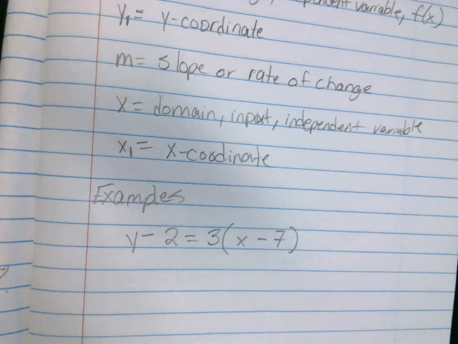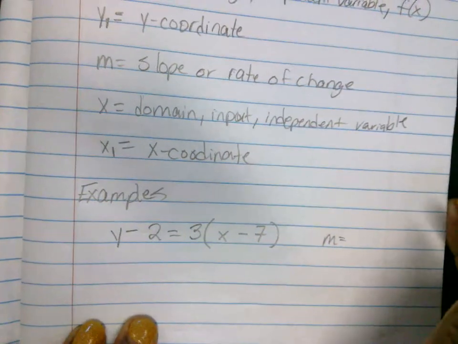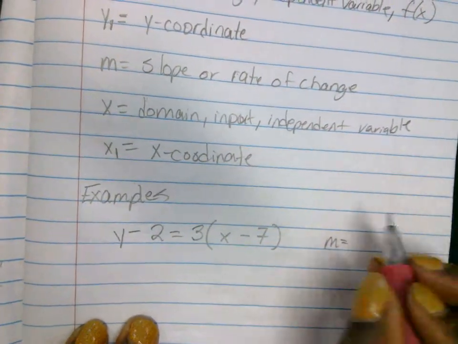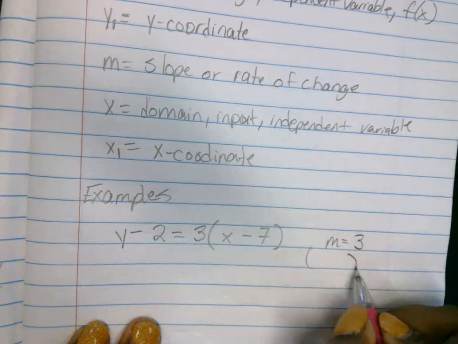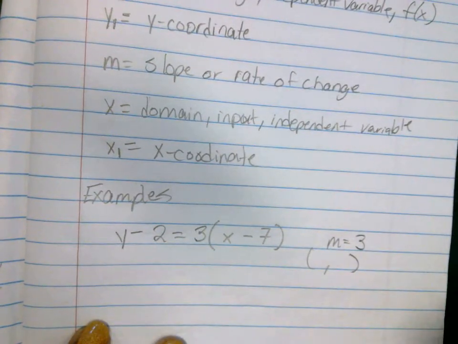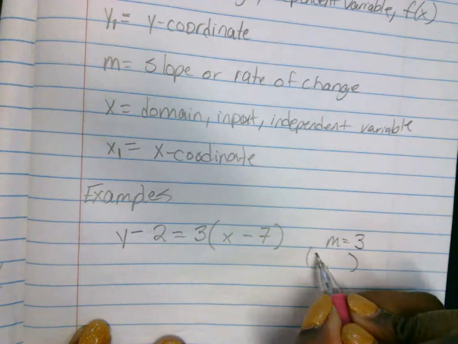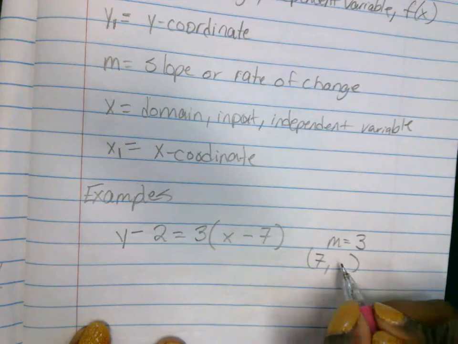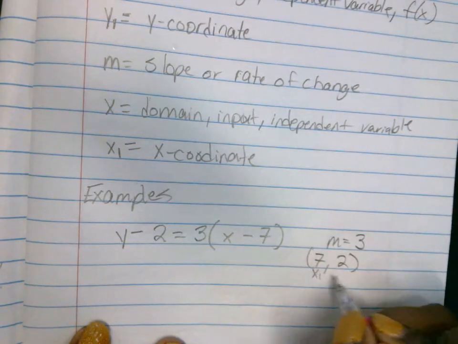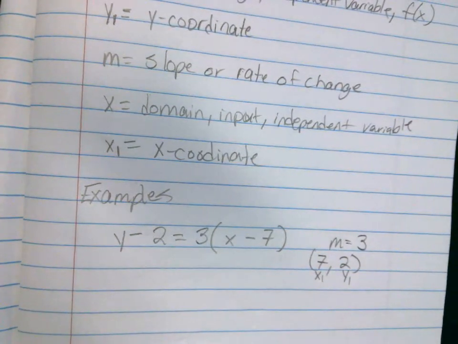In this problem, which one of these numbers is going to be my slope? 3. Very good. And they give you 1 point. What's going to be my 1 point that they give me in this problem? 7, comma what? 2. X1, Y1. Okay? Any questions?